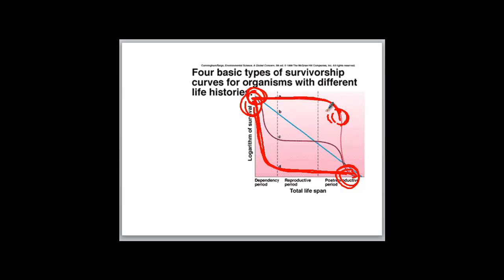The cane toad, unfortunately, went from being a type 3 to being a type 1, and still had the huge biotic potential. Lots and lots of young, and that's why it just spread like crazy. All right, so these survivorship curves do have application in many cases.